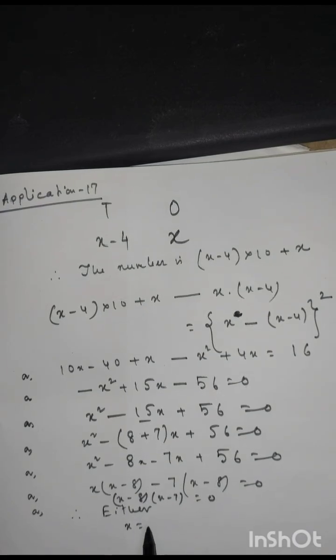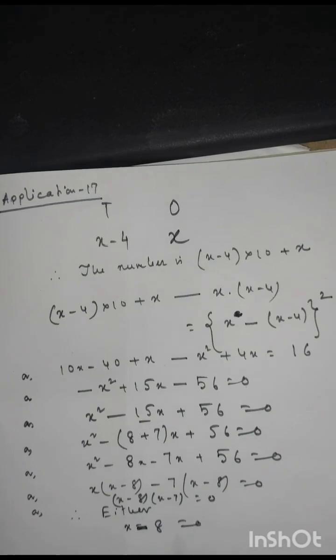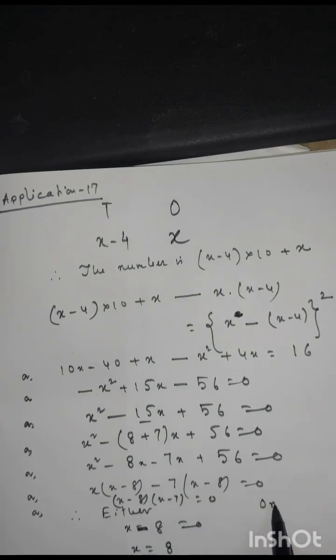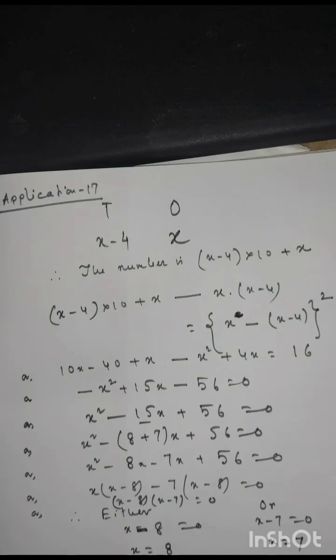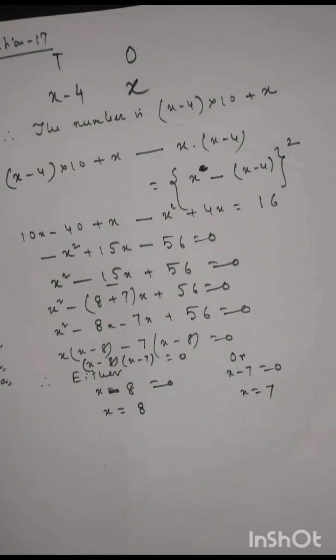So either x minus 8 equal to 0, so x should be 8, or x minus 7 equal to 0, so x should be 7. So these are the values of x.